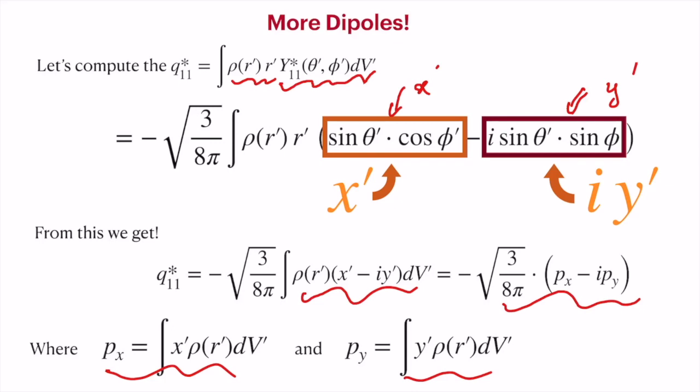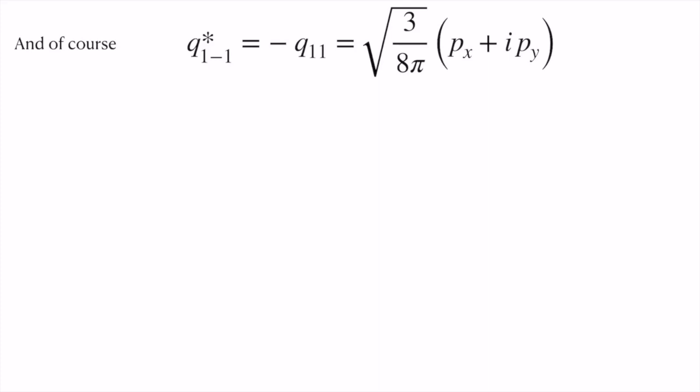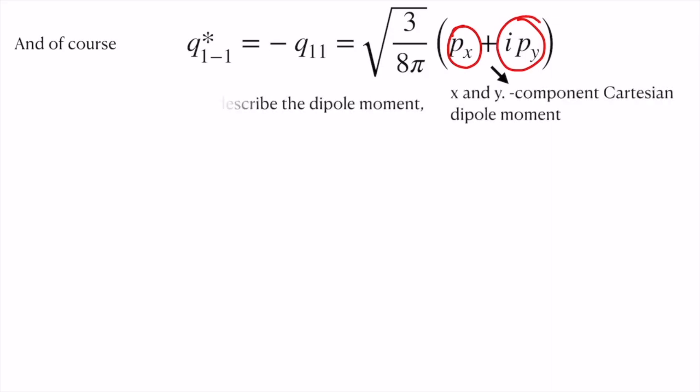It's a combination of them which is important, and that is reflected because we are using the geometry which is suited for our physics. Of course, the other component we can calculate, we don't have to actually do it because of the symmetry, and you would see that this is p_x plus i p_y, which is very similar to the L plus component of the angular momentum.